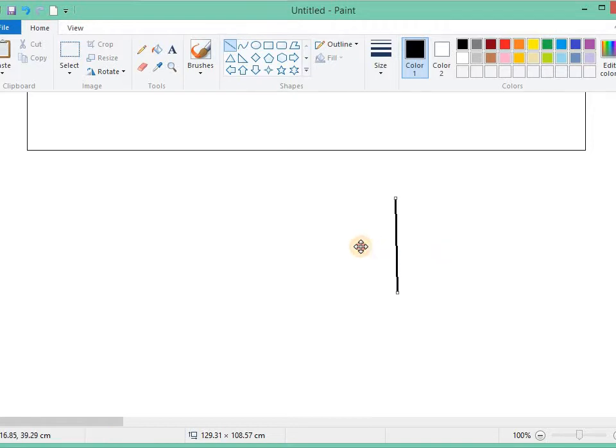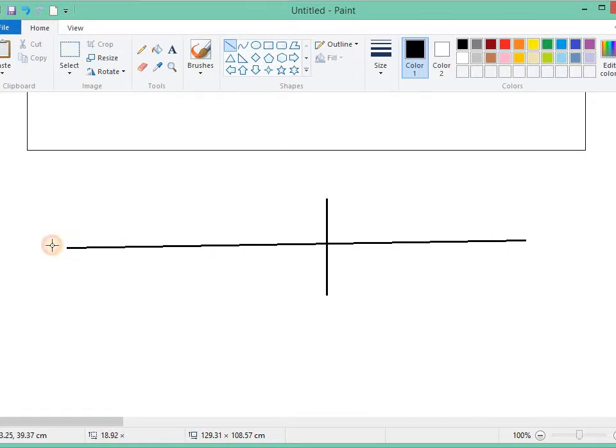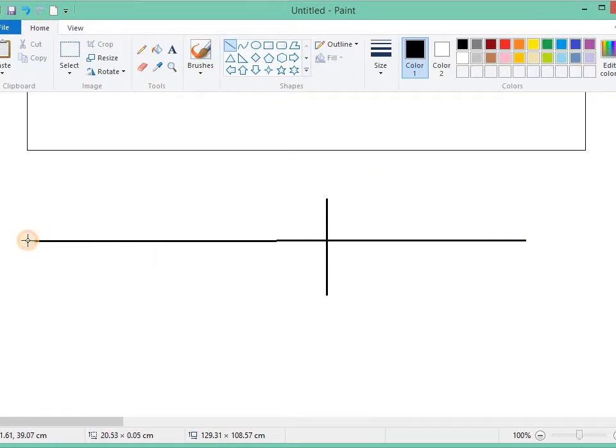This is the lens, and this is the focal point.